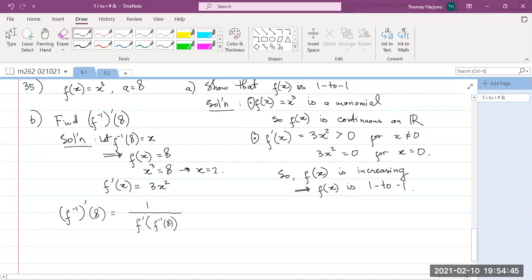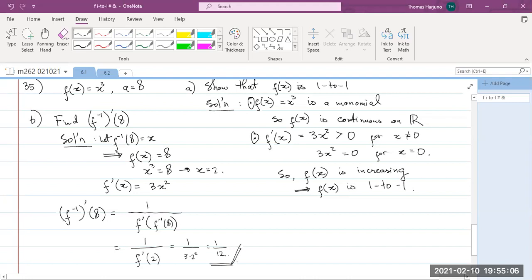Is it right? Okay, so this is equal to 1 over the derivative of the function at 2, which is 1 over 3 times 2 squared, that's 1 over 12.